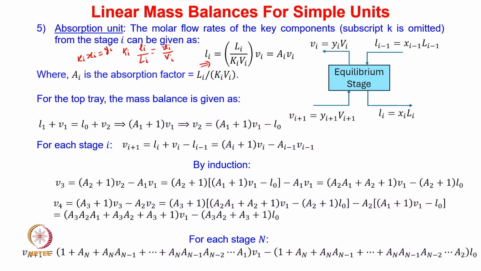This is the equilibrium relation which we use everywhere, but now represented in a different form. We have rearranged this equation slightly and defined L_i divided by K_i V_i, this entire bracket term, as the absorption factor A_i.